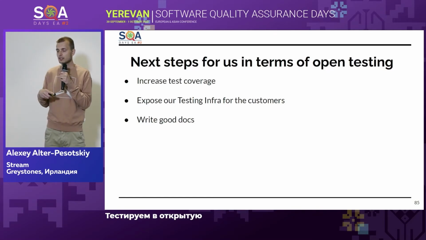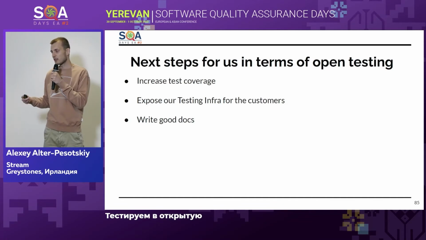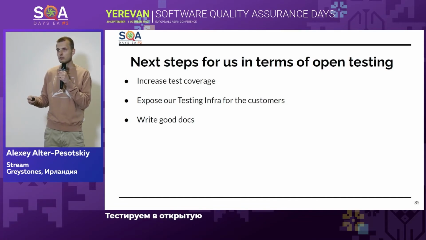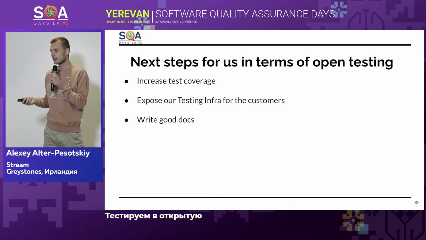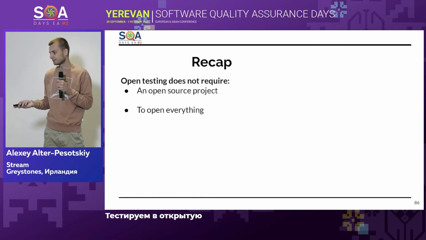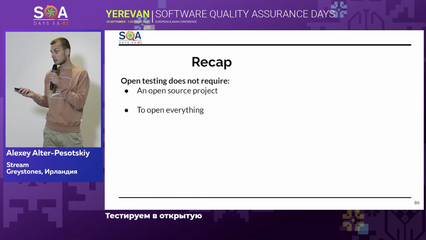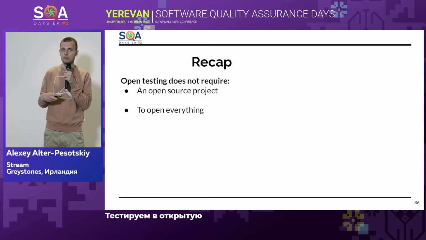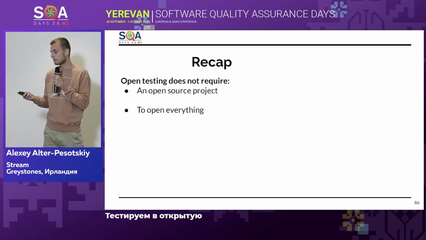We didn't do that yet, and it's because of the third point, because we don't have documentation for all the methods of our testing framework. As soon as we do that, we will be able to share the testing framework with our customers. And we're really looking forward to it. We already had some requests from our customers about it.